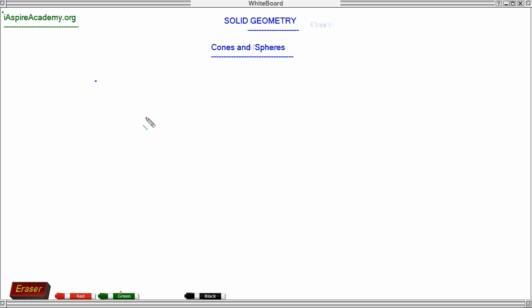Now as far as cones are concerned, let's draw a cone. You can think of a cone as being made out of a cylinder. So let's draw the base of the cone.